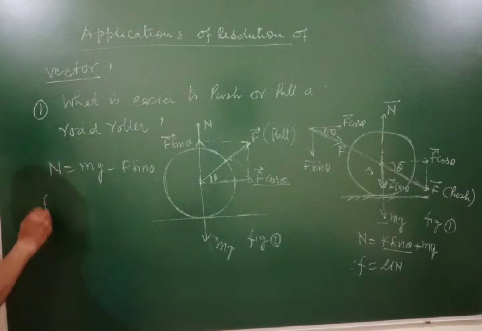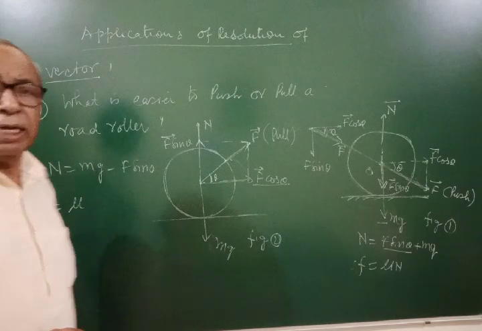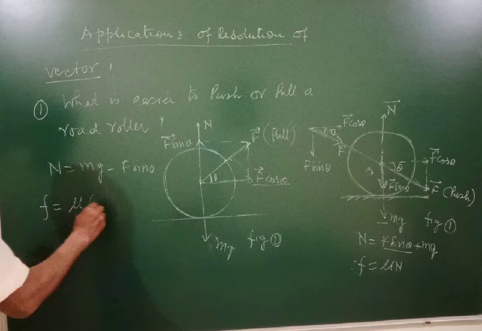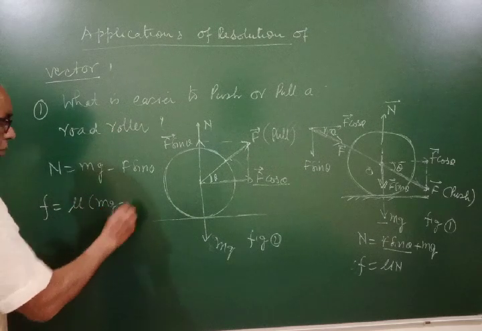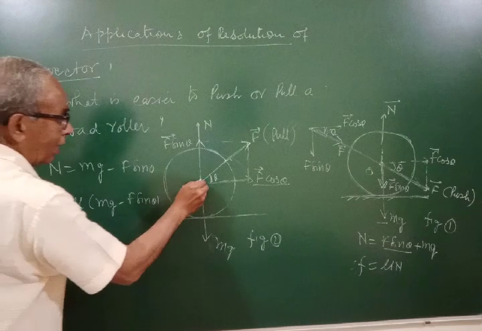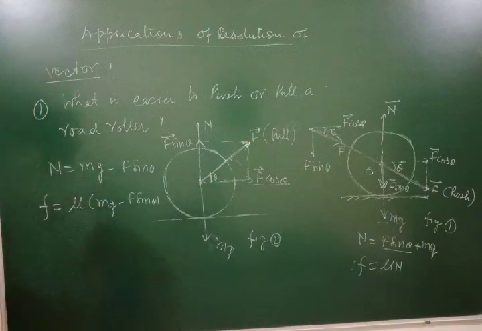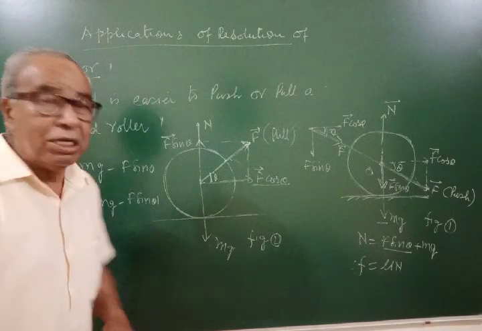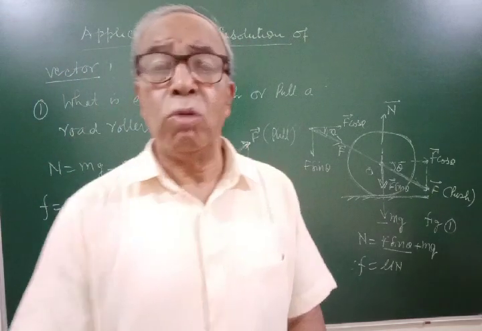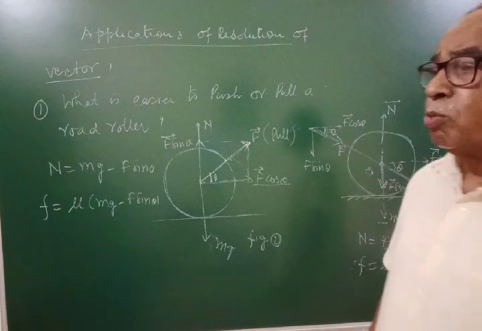Hence the force of friction is mu times (mg minus F sin theta), where mu is the coefficient of friction. So when we pull it making angle theta with the horizontal, it becomes easier. It is easier to pull a roller than to push.